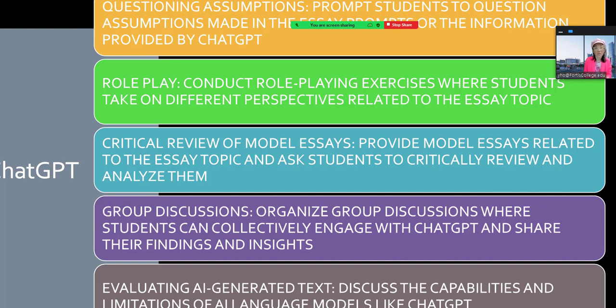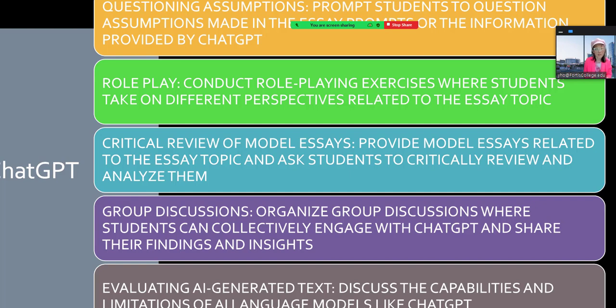Critical review of model essays. You could provide model essays related to the essay topic and ask students to critically review and analyze them. Group discussions. Organize group discussions where students can collectively engage with ChatGPT and share their findings and insights. Evaluating AI-generated text.